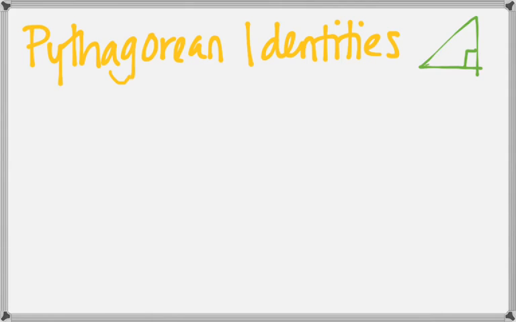For all the triangles that we drew in the unit circle, what was the length of the hypotenuse? 1, okay? And the horizontal distance from the origin was always the same as which trig function? Cosine.